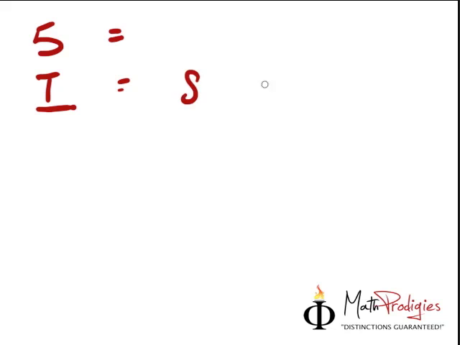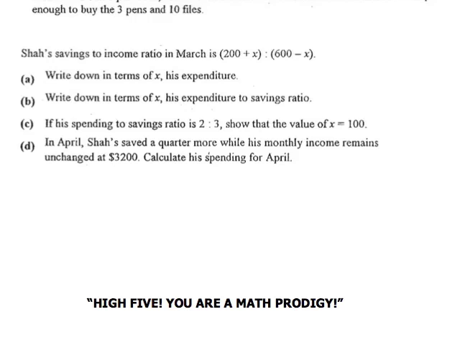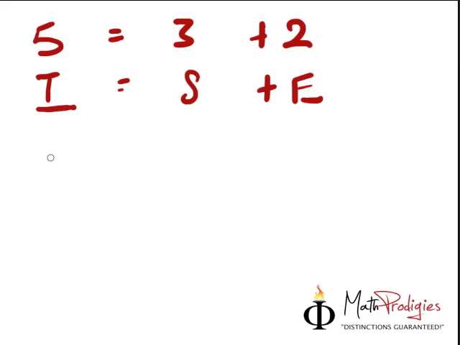So 5 equals income, which is equal to savings plus expenditure. Savings is 3 parts and expenditure is 2 parts. So if the income remains unchanged at 3,200, then 5 units is equal to 3,200.